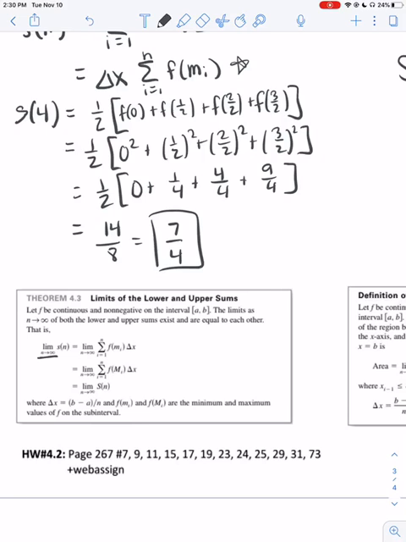And as those intervals get tiny, because you have so many of them, the upper and the lower sums will end up equaling each other. The lower sum will equal the upper sum. So that's what that's saying. If you have infinitely many subintervals, they would become equal.